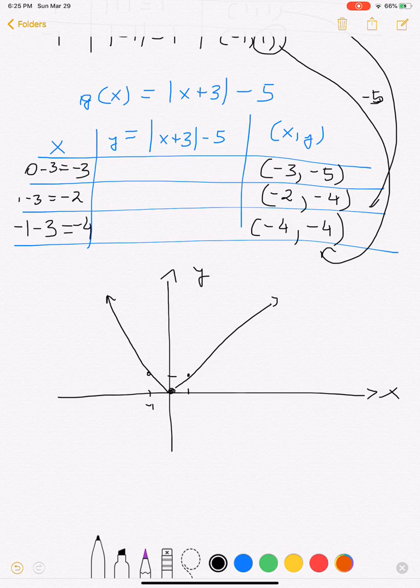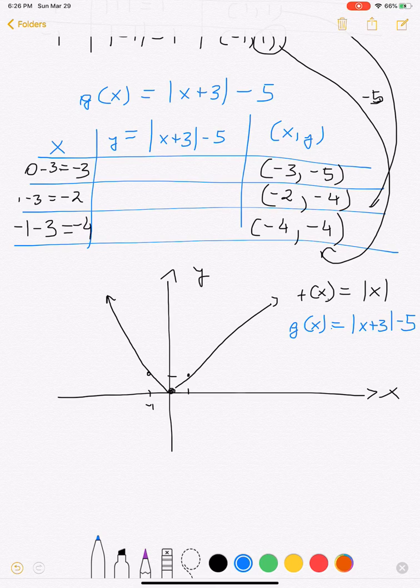And this is f of x equal absolute value of x. And in blue, this is g of x when we have horizontal and vertical shift, which is absolute value of x plus 3 minus 5.